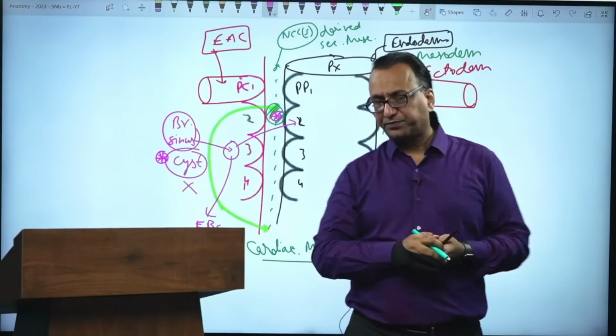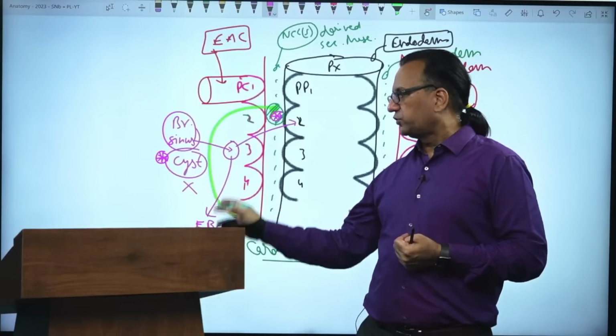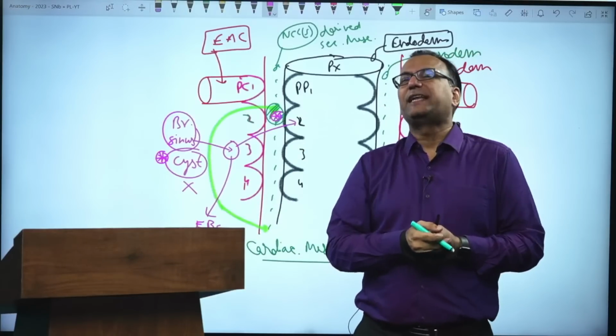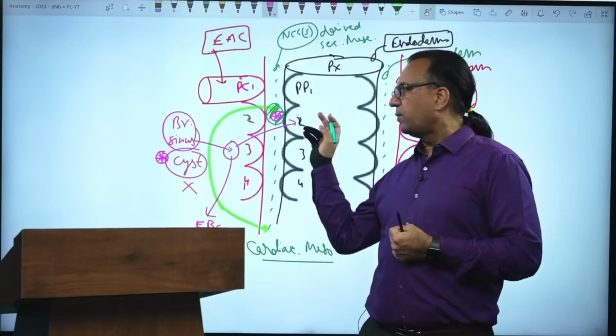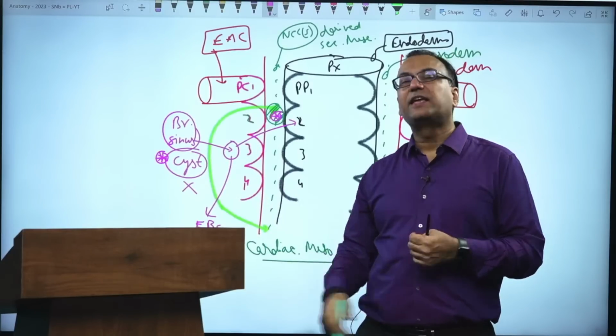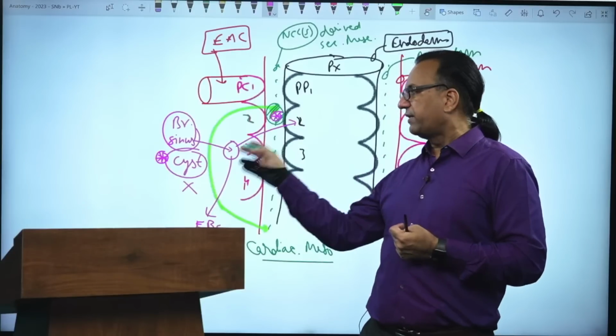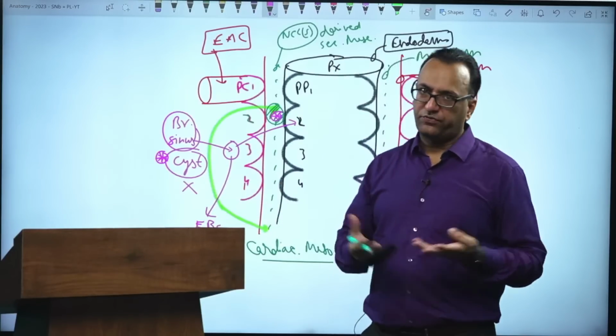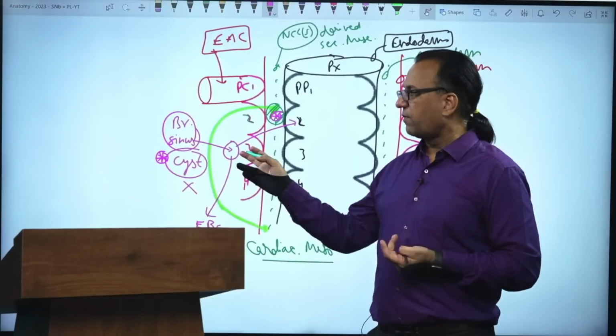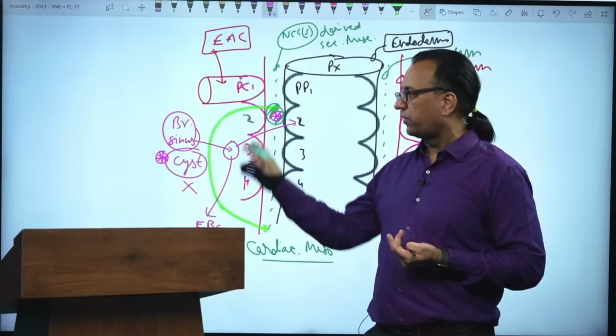Question was, branchial fistula is anomaly of which cleft? Or branchial cyst is anomaly of which cleft? Or it is due to unobliteration of which cleft? Of course, it is non-obliteration of cleft number 2, 3, 4.